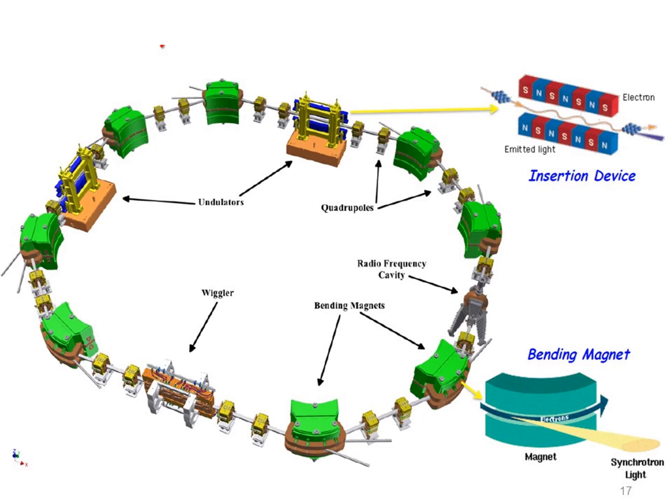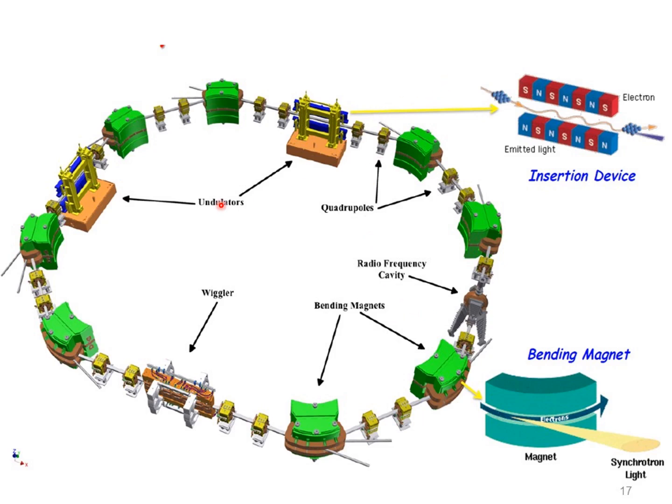Here is a complete setup of a synchrotron. These are wigglers, undulators, quadrupoles, radio frequency cavity, bending magnets.